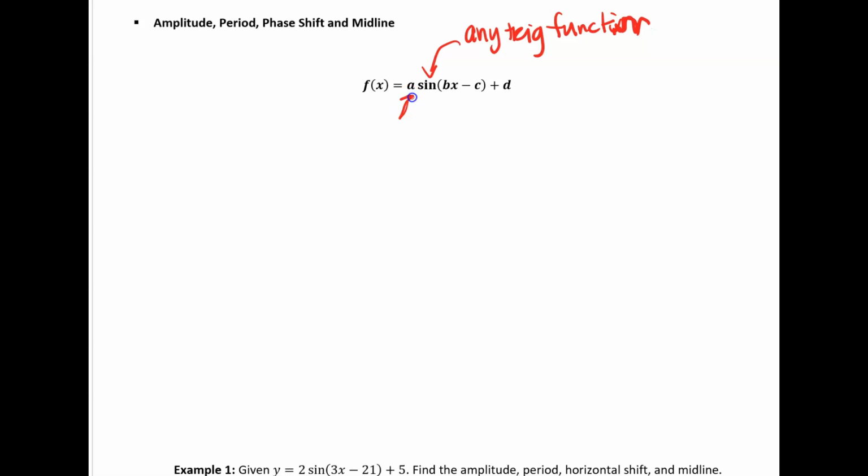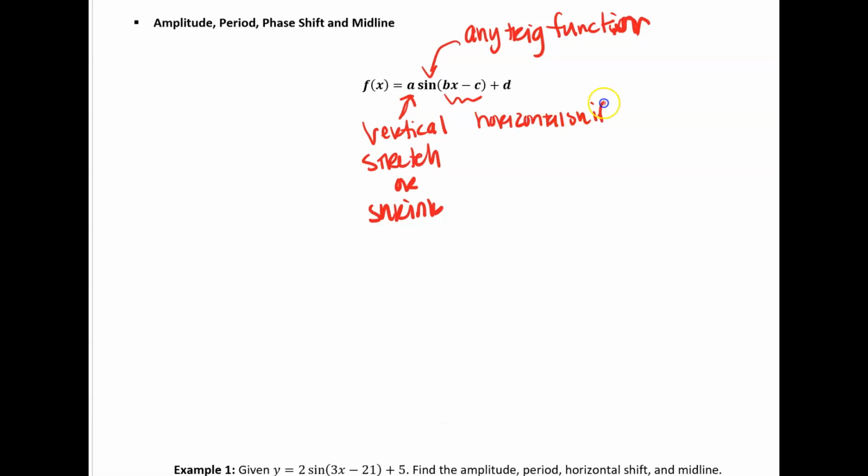So remember this number out front, this a value, that was your vertical stretch or shrink. Same is true here. And this b of x minus c, remember when you were inside of that function, that was a horizontal shift. Same thing here. Now there's a little bit more mechanics to it.